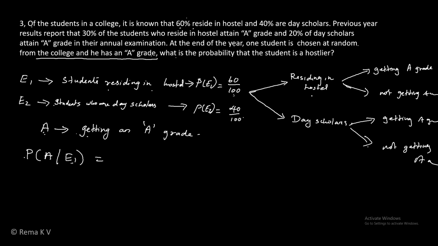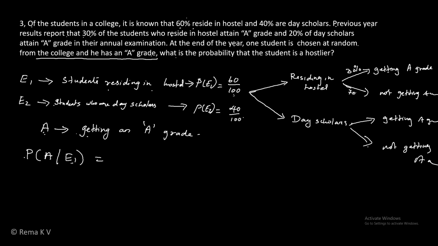These are the students residing in hostel, and it is given that previous year results report that 30% of the students who reside in hostel attain A grade and the remaining 70% do not get A grade.